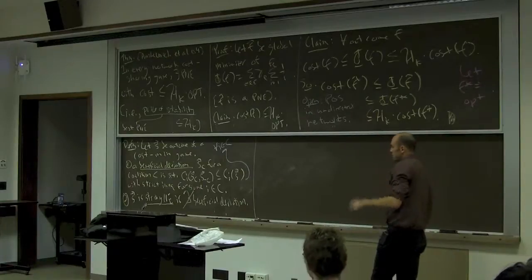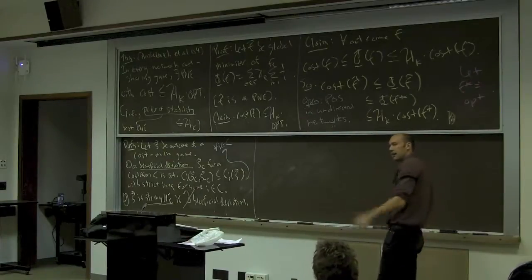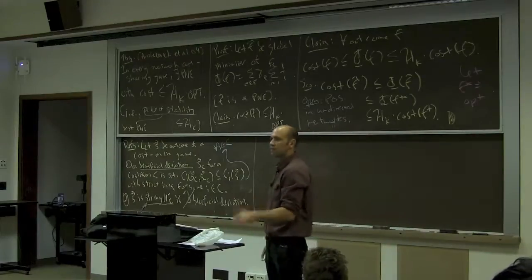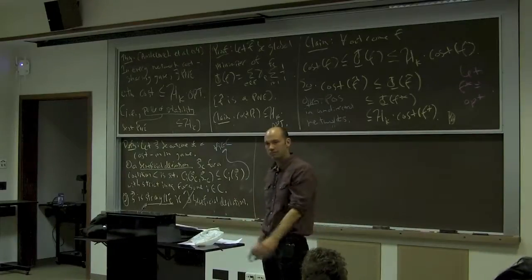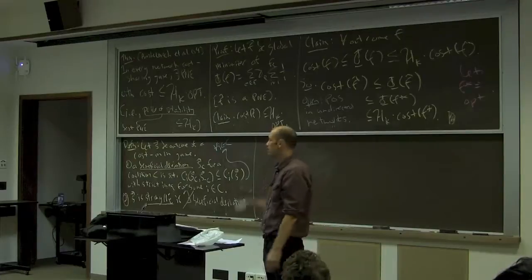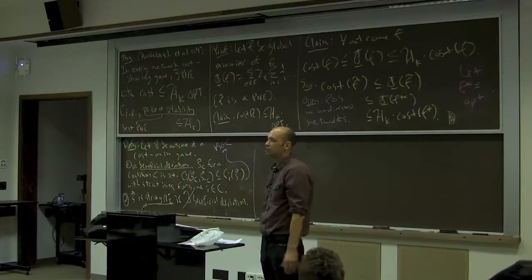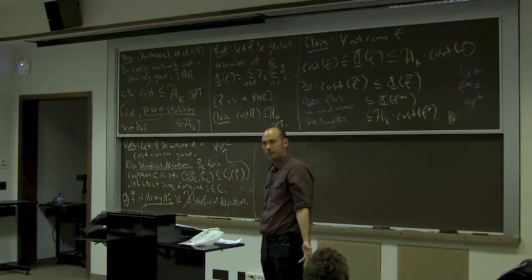So this is a refinement of Nash equilibria in the sense that if you are a strong Nash equilibrium, then of course you're also a Nash equilibrium. A Nash equilibrium is exactly saying there's no beneficial deviations for coalitions of size 1. Okay?